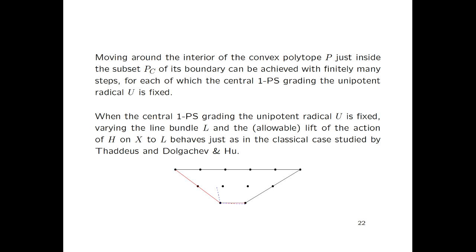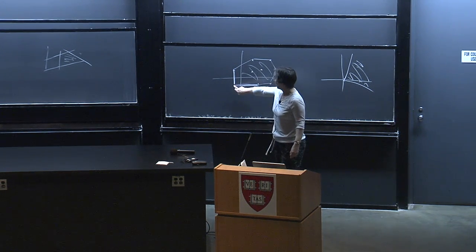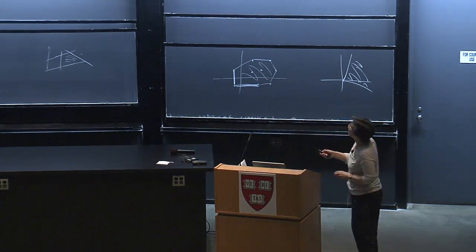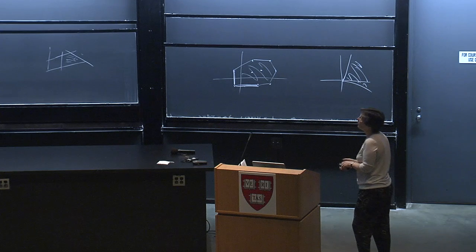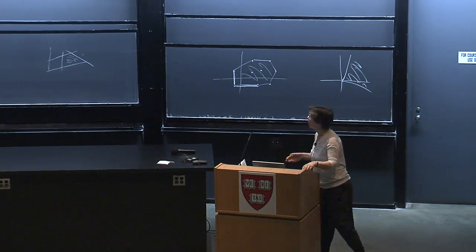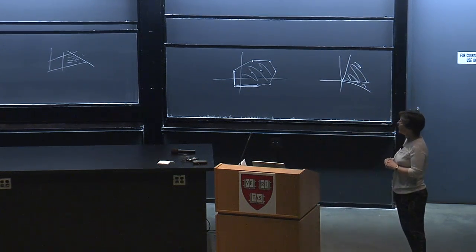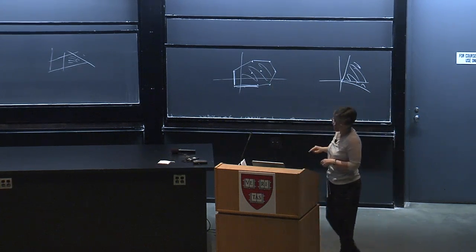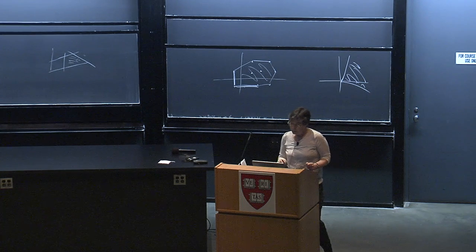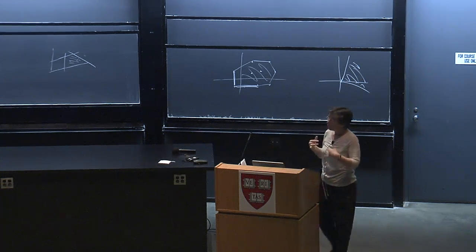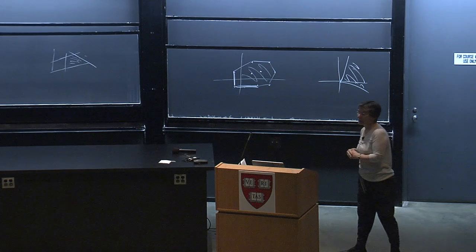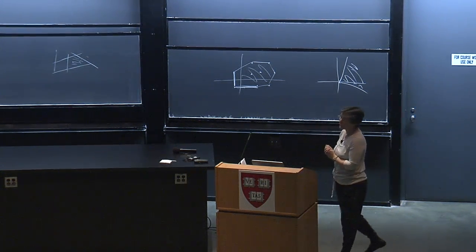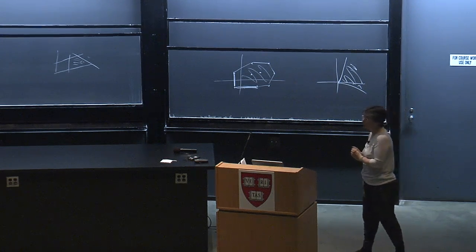But in this two-dimensional picture, if you're at one of the vertices, you've got quite a lot of choice for which one-parameter subgroup will make that vertex the minimum. So we can move around with these finitely many steps, such that for each step we can choose the central one-parameter subgroup to be fixed.